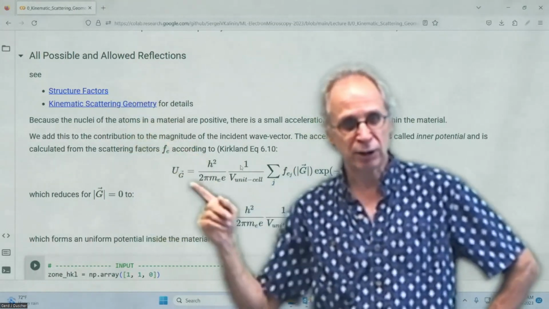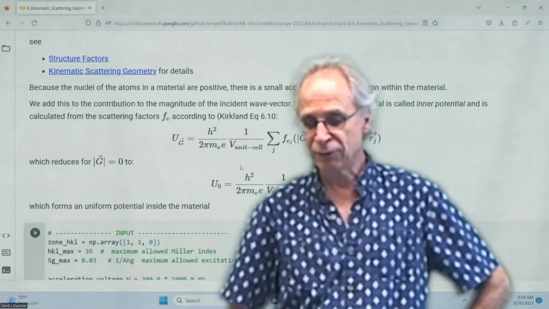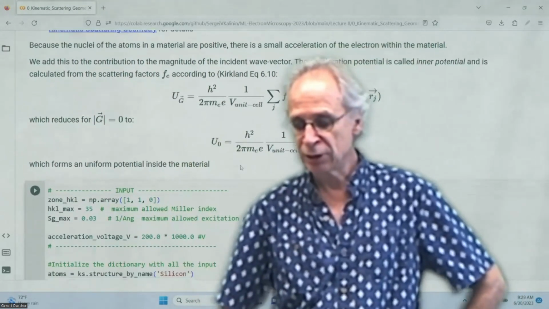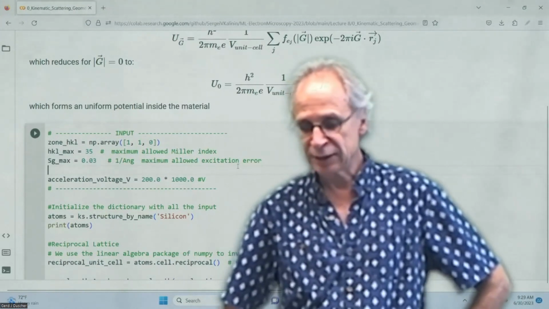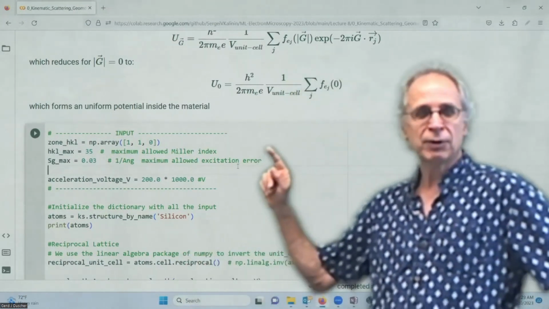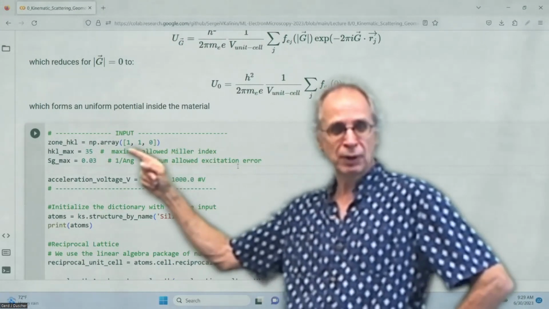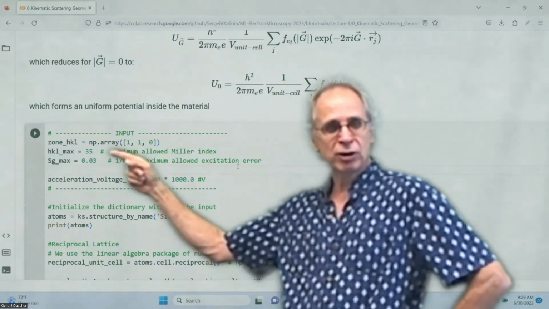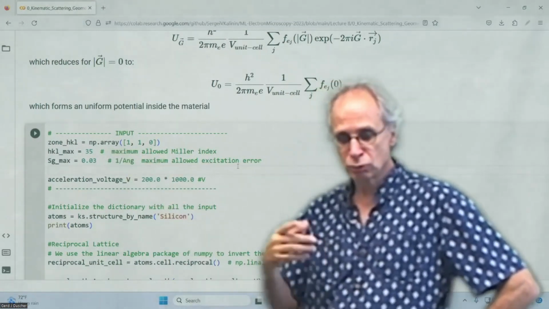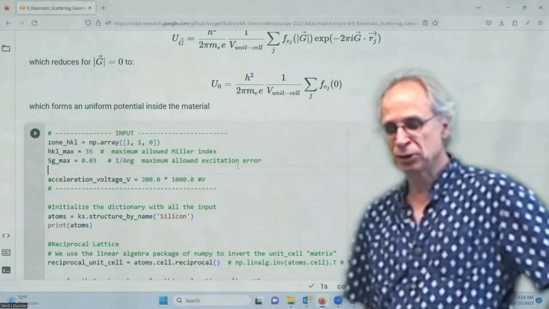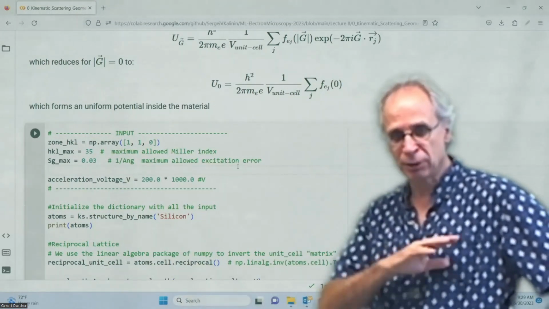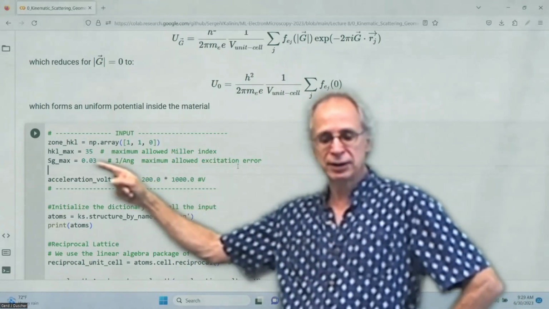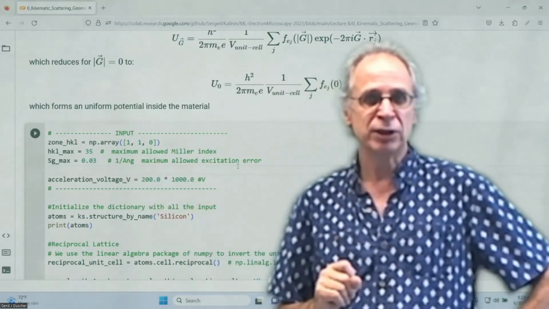Again, it is a formula that you can easily find. We add the inner potential to our internal lattice vector, and then we need, for a diffraction pattern, a zone axis, a maximum HKL that we want to explore. We use it as big as we want to. So we are doing trigonometry super fast, right? And we do an excitation error. So those are the ingredients that you need.